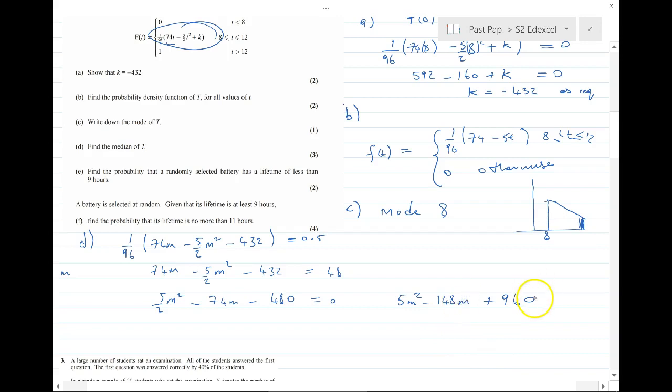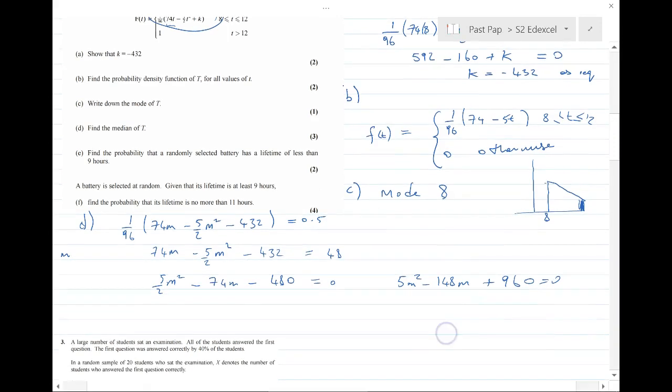So here we go. Now that's equal to 0. It does factorise, but it might take a while to find the factors, or we can use a formula. So we've got M equals 148 plus or minus the square root of 148 squared minus 4 times 5 times 960, over 10.